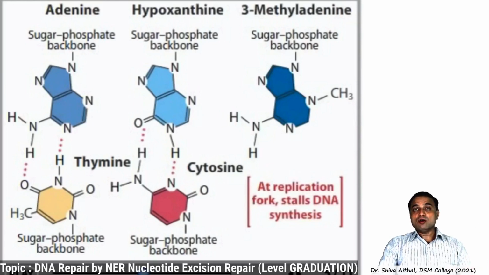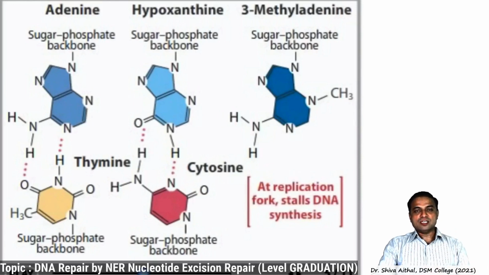So these are the three possibilities apart from adenine and uracil abnormal base pairing. Adenine forms a base pair with thymine, this is normal. Hypoxanthine forming a base pair with cytosine is abnormal. And 3-methyladenine is an alkylating agent and it keeps on changing bases.